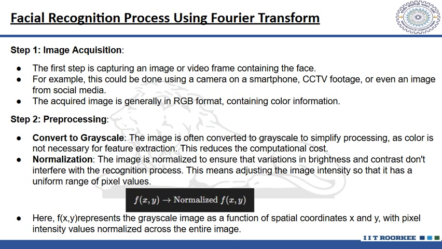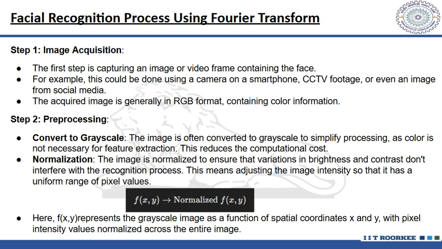Now, how does it work? What is the actual process of facial recognition using the Fourier transform? Let's walk through the process step by step. First, image acquisition. We start by capturing an image through a camera or video frame. The image is usually in RGB format. Second, pre-processing.